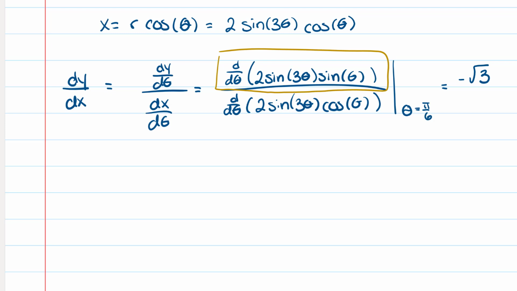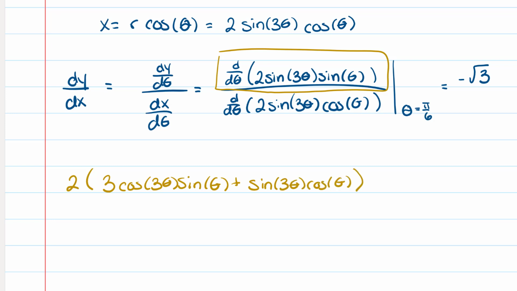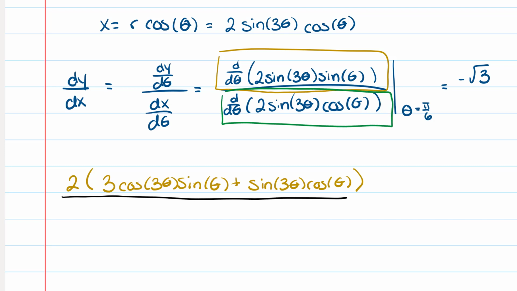I'm going to need the product rule because there's two functions. So it's 2 times the derivative of sine of 3 theta, which is 3 cosine 3 theta, times sine of theta, plus sine of 3 theta cosine theta. And then all divided by the derivative of this part.